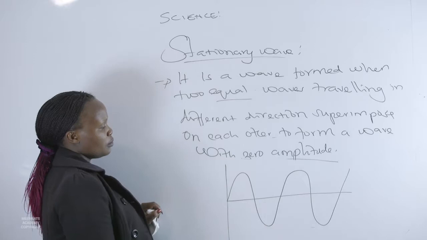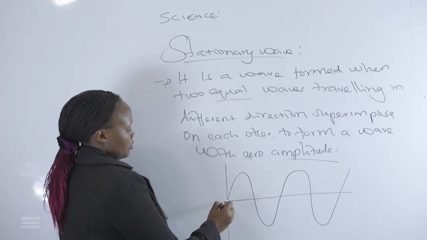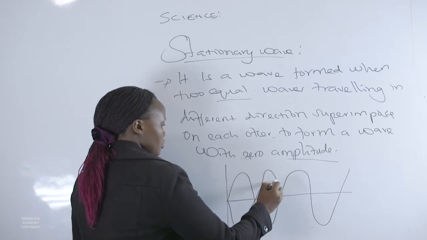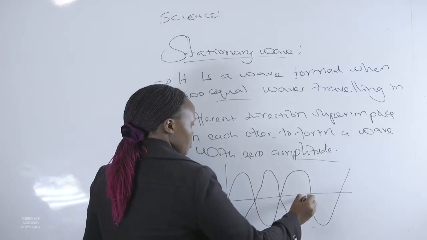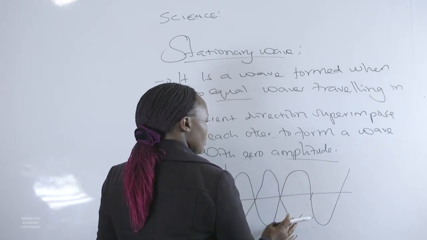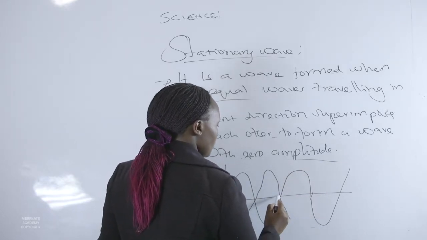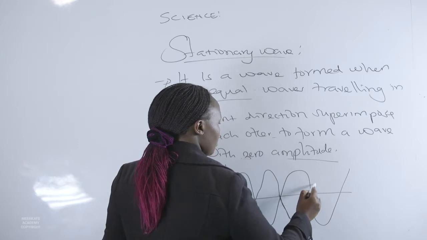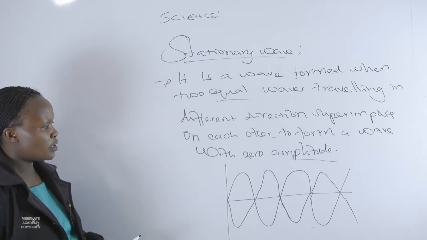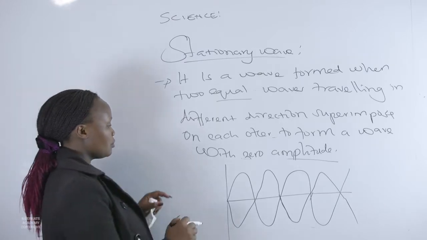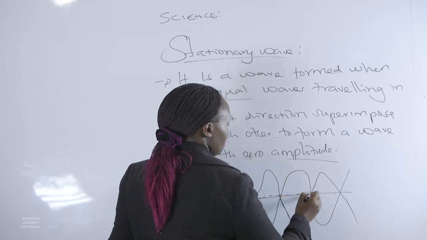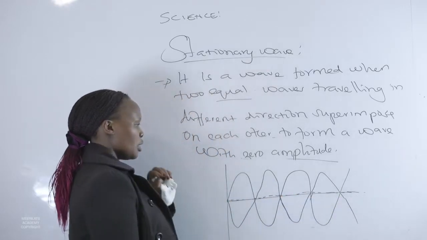That's the first component wave. Then we have another one. So that now they interfere to form a stationary wave as shown.